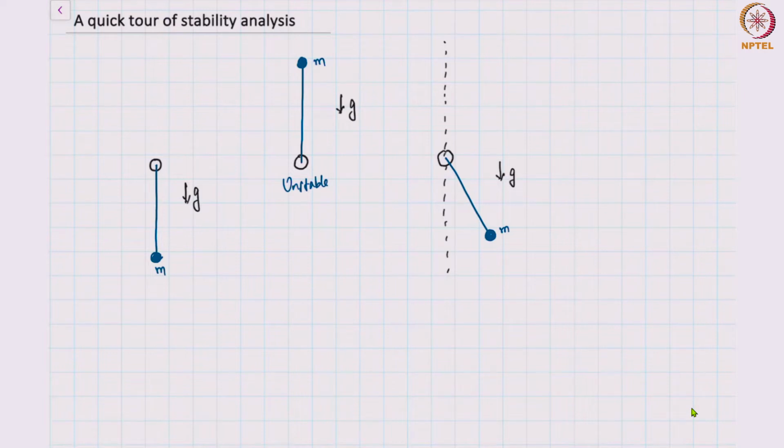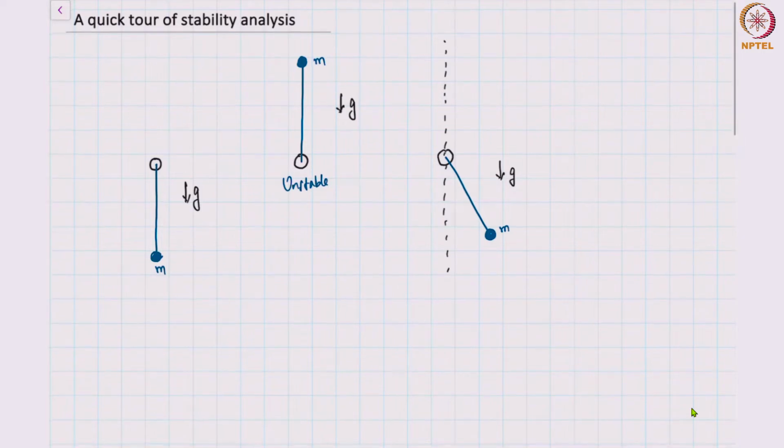But then if there's no friction, no loss of energy, because of, let's say, even air drag, then this pendulum would actually not stop at its vertical position, but continue to oscillate forever, right?